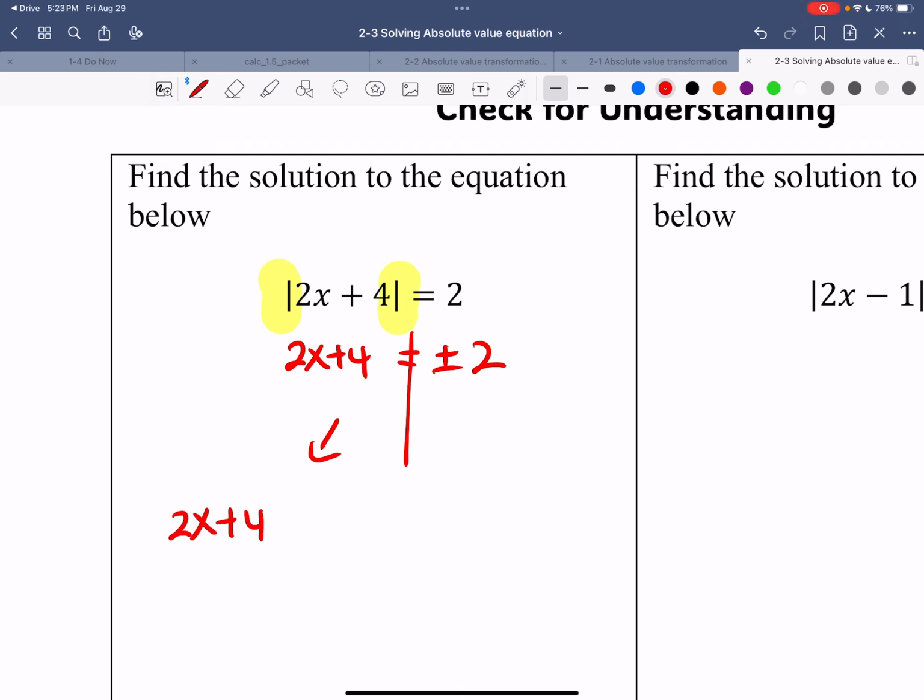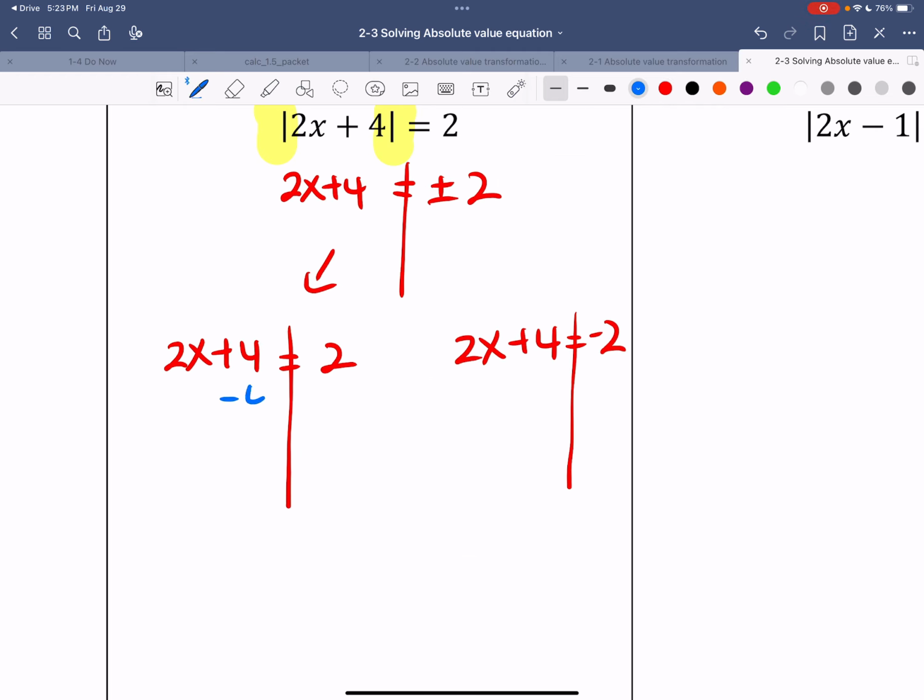2x plus 4 equals positive 2. 2x plus 4 equals negative 2. So you get minus 4 on both sides. You get 2x equals negative 2. x equals, I'm going too fast.